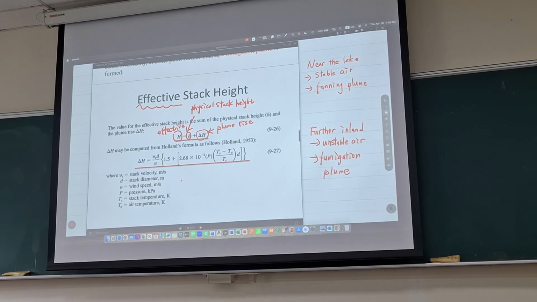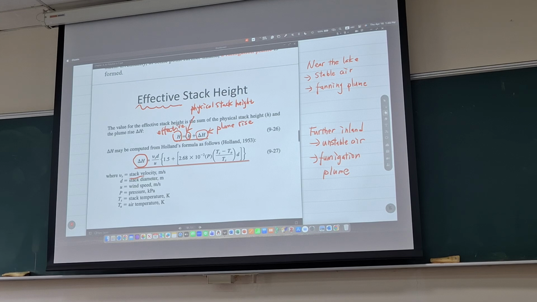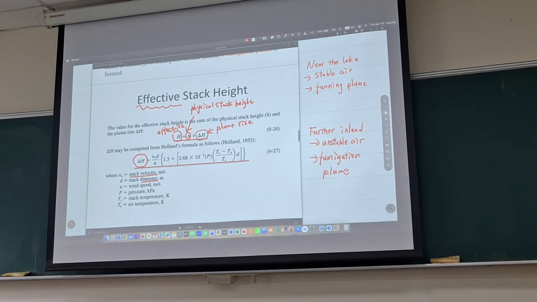So with formula 9-27, how do you calculate delta H, theoretically? Vs is the stack velocity, and D is the stack diameter.